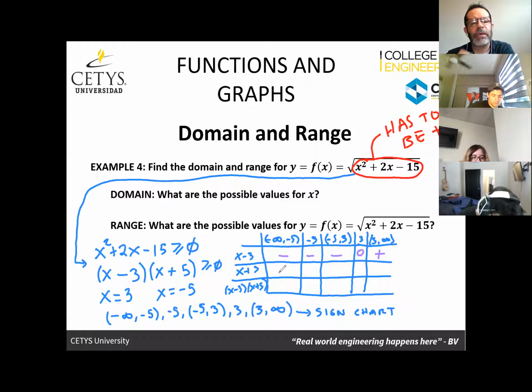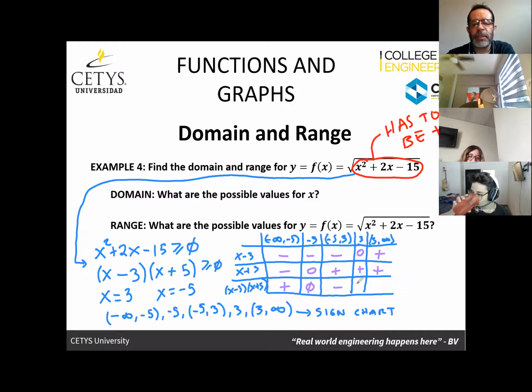It's going to switch over automatically. Now over here, negative, 0, positive, positive, and positive, perfect. Minus times minus, positive; minus times 0, 0; minus times plus, minus; 0 times plus, 0; and plus times plus is plus.